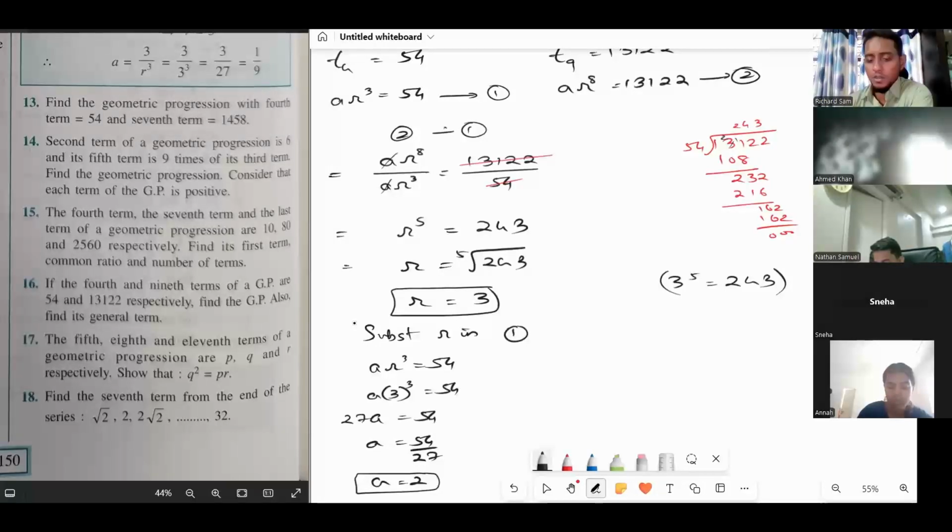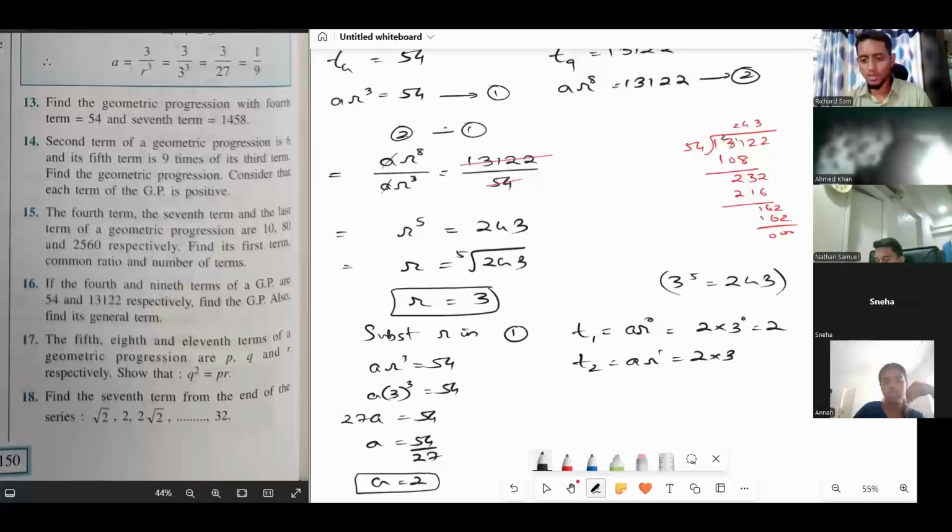We can find the GP. The first term, T1, is AR raised to 0, which means 2 into 3 raised to 0, which is 2. Then T2 is AR raised to 1. That is 2 into 3 raised to 1, 6. T3, so like that, you find 3 or 4 terms.